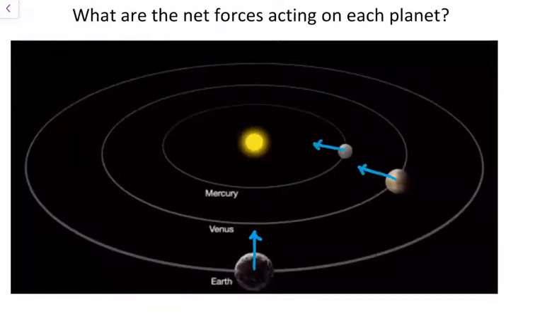I'm also going to disregard the forces between the planets because technically there is a force going between these two planets, but those are ever changing and much, much smaller than the forces coming from the sun due to the sun's massiveness. So we're only going to focus on a simple system of a star-planet system or a planet-satellite or planet-moon system and move forward with that.